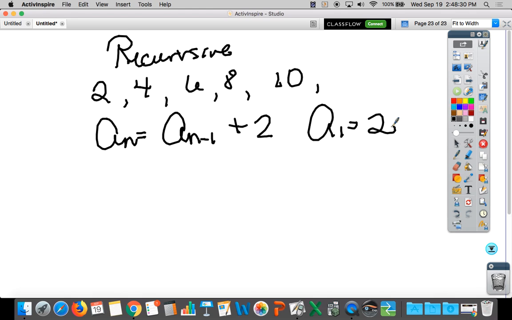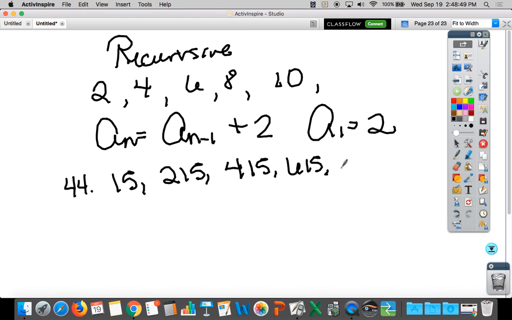Now, let's go ahead and we're not going to do the explicit on 42 just yet because that one's tough. Let's look at 44. See if you can write me the recursive formula. For 44, the recursive.